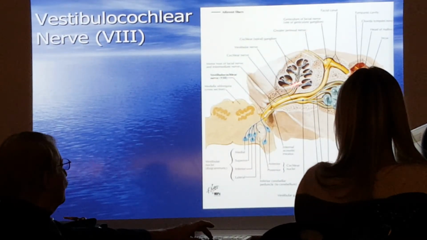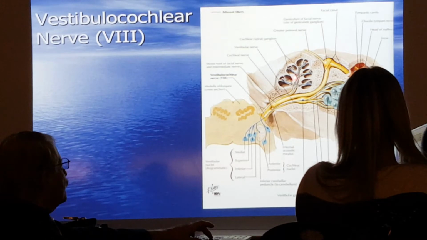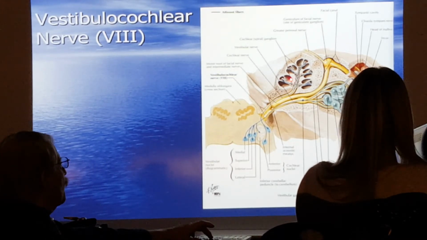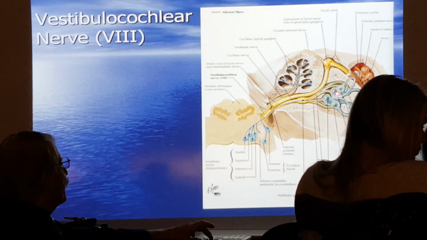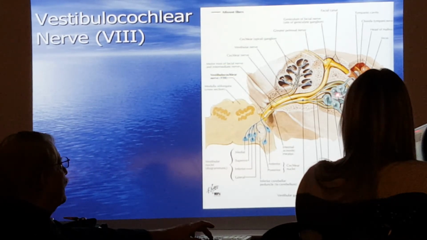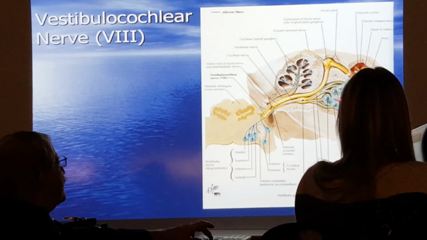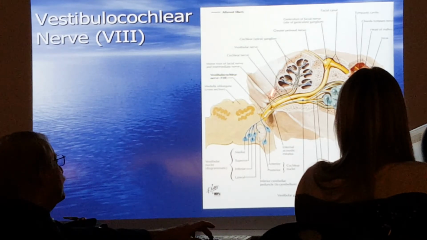Okay. So, all of these structures in the inner ear are within the petrous ridge of the temporal bone. So here we see the organ of hearing, the organ of equilibrium. And to actually see them, you have to saw into the bone.